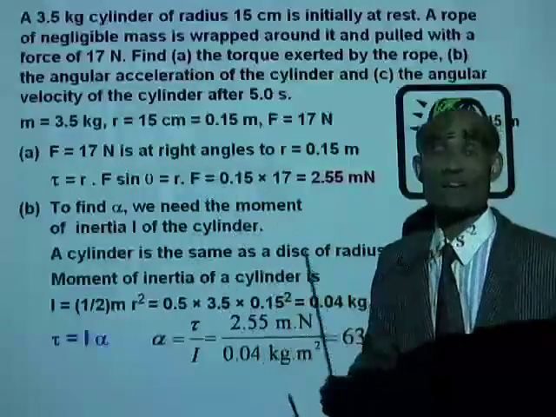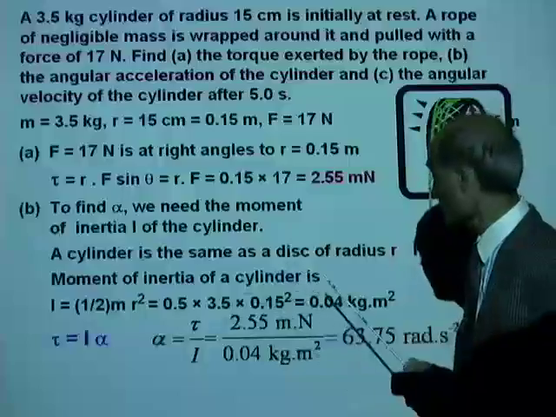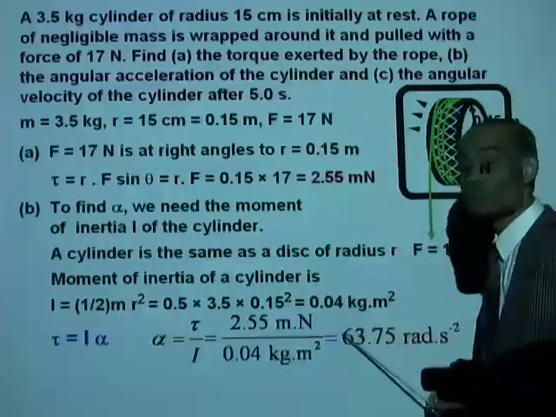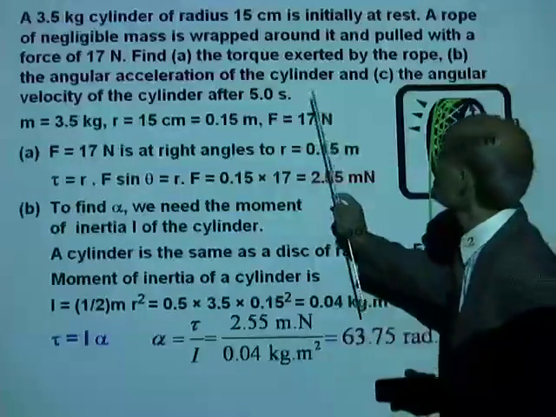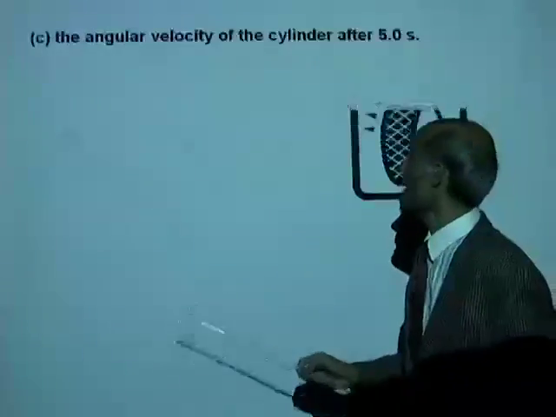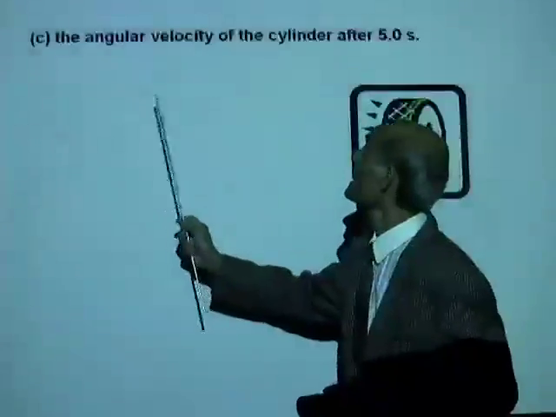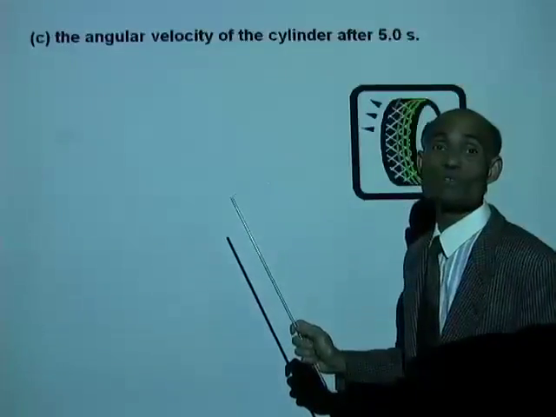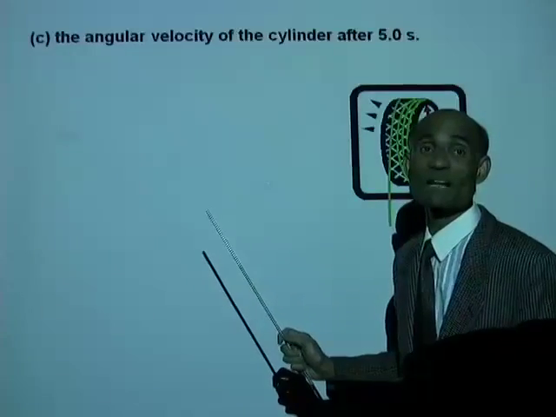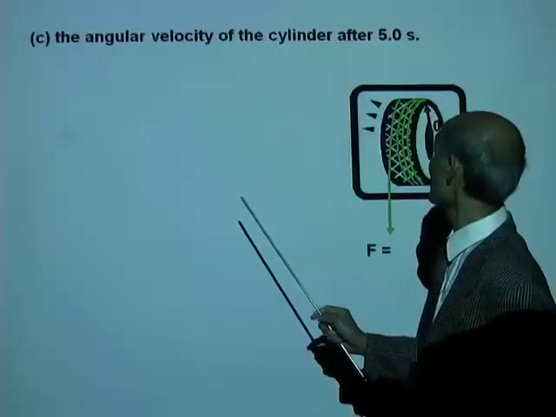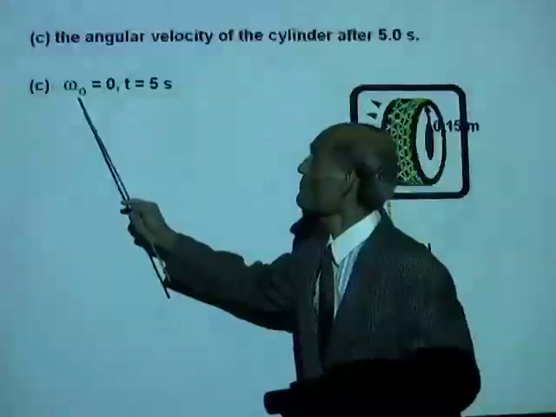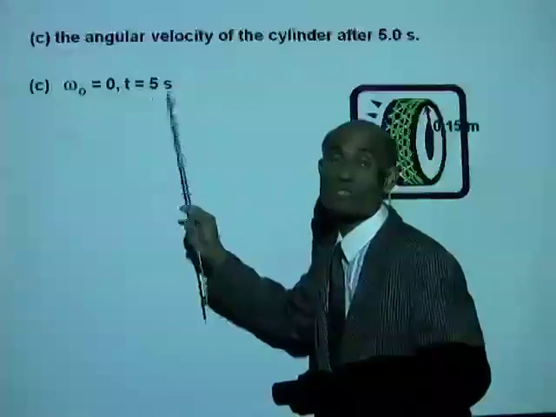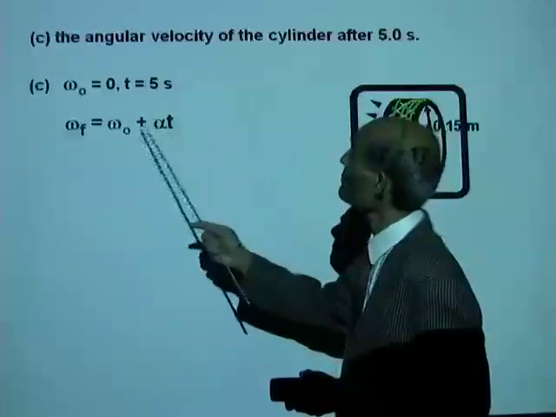So the initial angular velocity is 0. The angular acceleration we know and the time we know. Therefore, we can now say omega equal to omega 0 plus alpha t. Omega 0 is 0, t equal to 5 seconds.